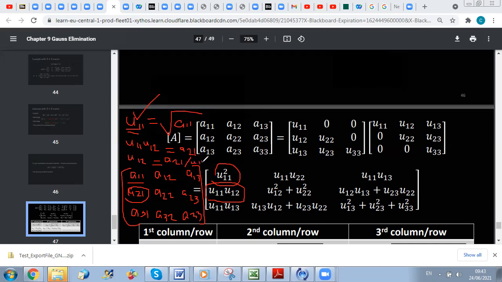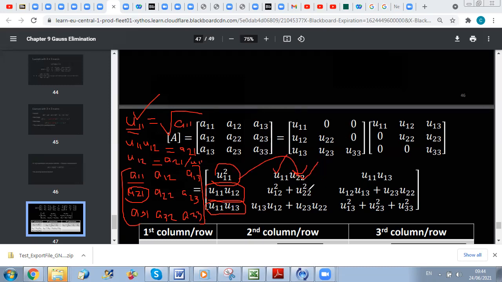And you will proceed in this way to get all other coefficients, because now from this relation you have U11, U13 equals to A31. So U13 is equal to A31 over U11. Now you can move to the second row. U12 is already calculated, you find U22.